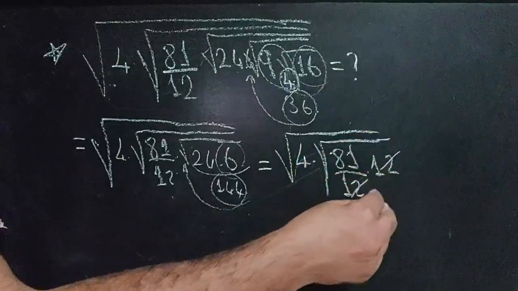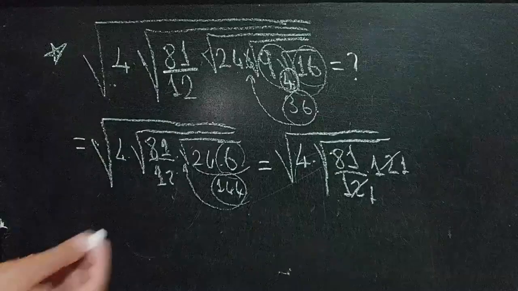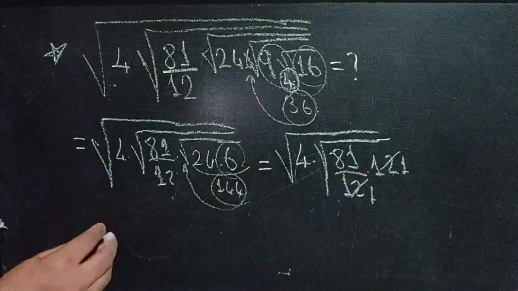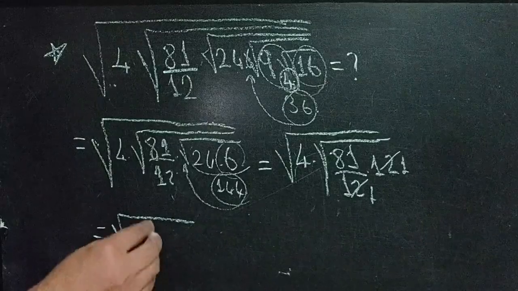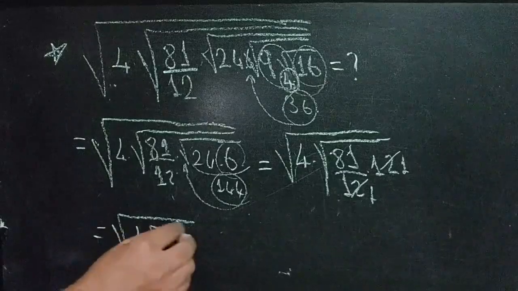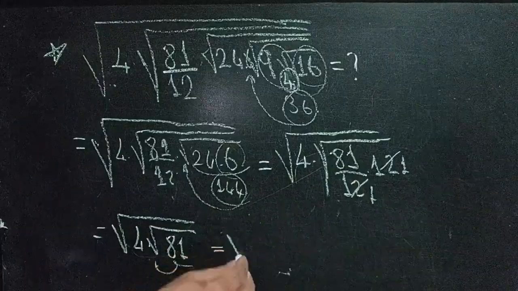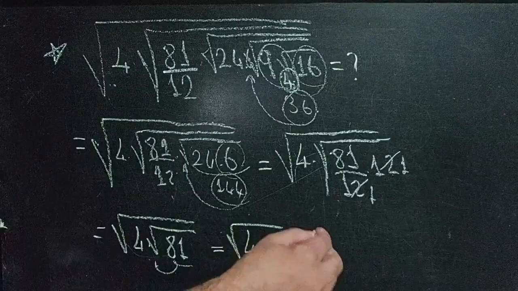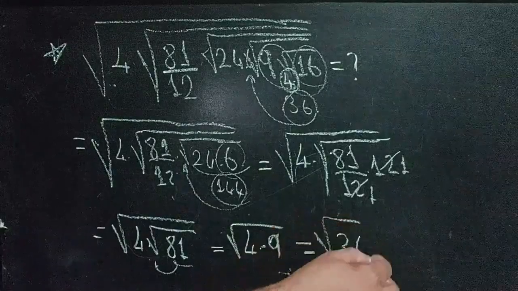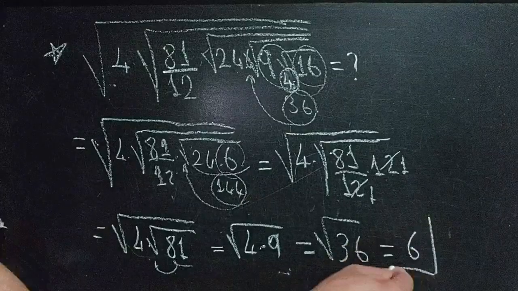From there I simplify those two, will be 1. Now 81 times 1, which is going to be square root 81, and 81 will come out as 9. That's right. That will give me 4 times 9. 4 times 9 is 36. Square root 36 will come out as 6.